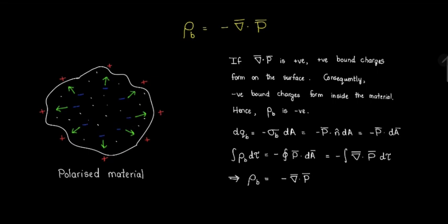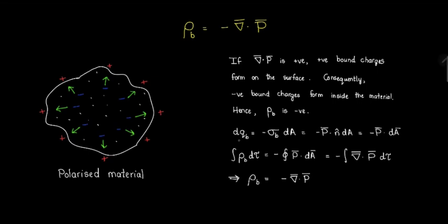Due to some externally applied electric field or whatever, it became a polarized material, but total net charge is zero. So whatever charge goes outside, the same charge is also inside, but with a negative sign, because if positive is outside, negative will be inside. If negative is outside, positive is inside. So magnitude is same, but the sign is different.